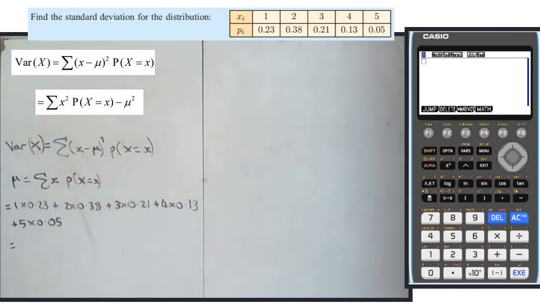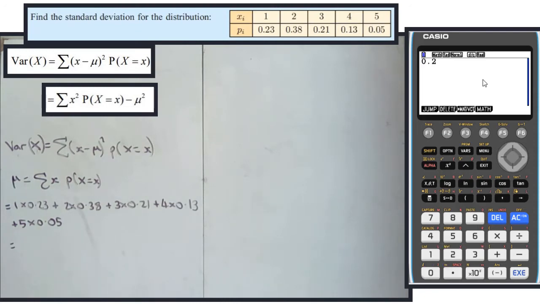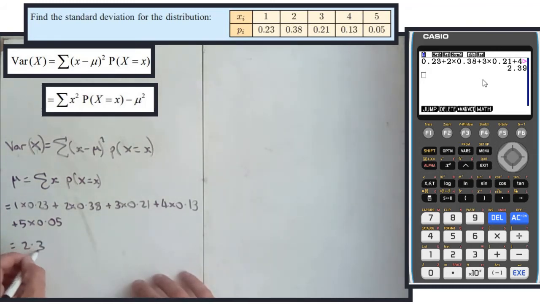Go to our calculator: 0.23 plus 2 times 0.38 plus 3 times 0.21 plus 4 times 0.13 plus 5 times 0.05. So that comes out as 2.39. So the mean is 2.39.